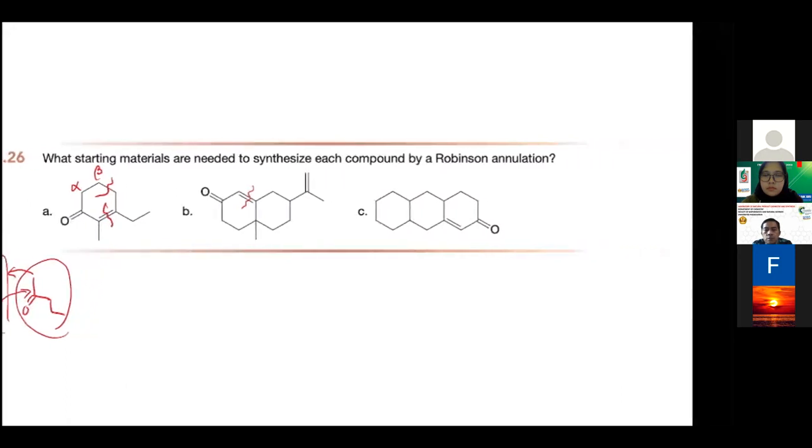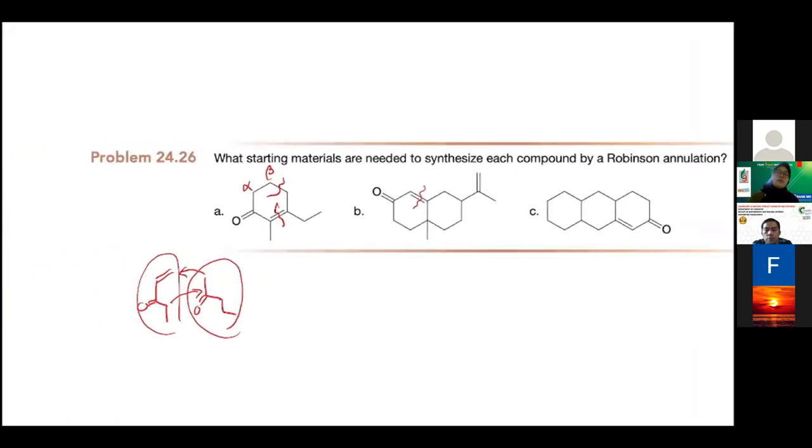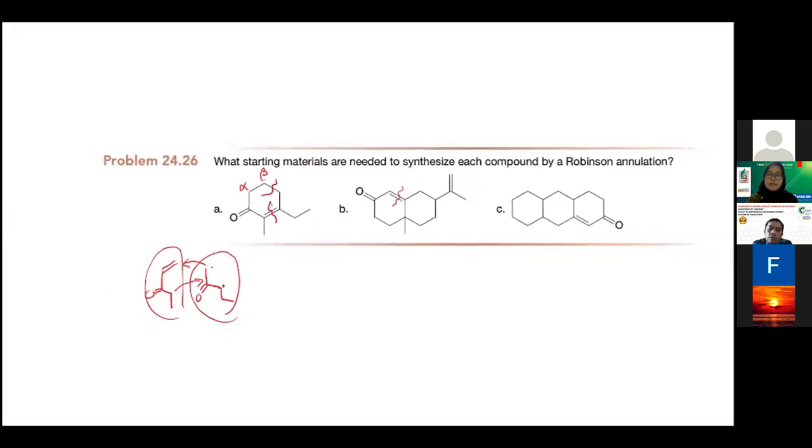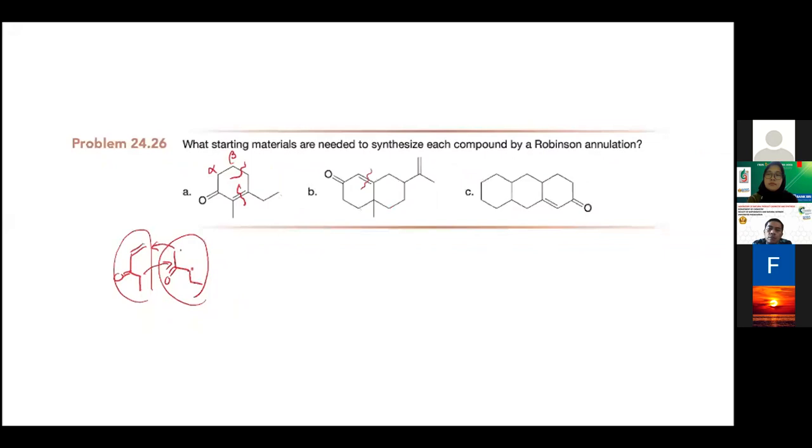But this one has several alpha, this one also has alpha protons. It is a little bit difficult for selectivity. Several components are found. Yes, I think so.